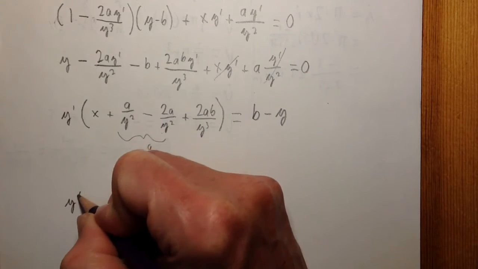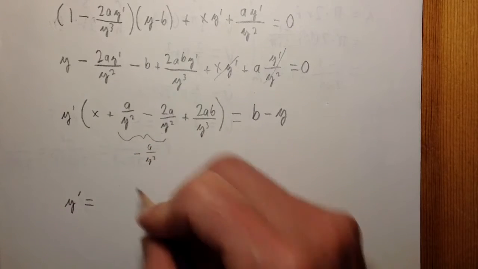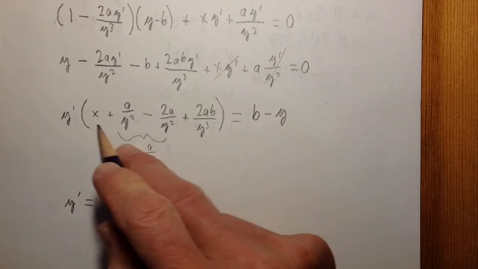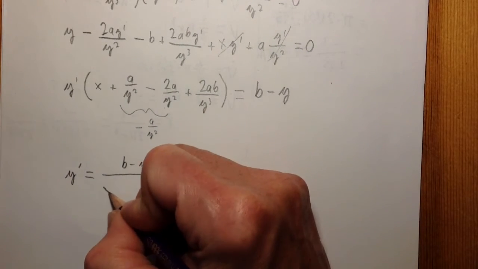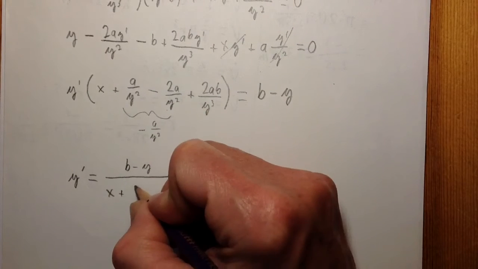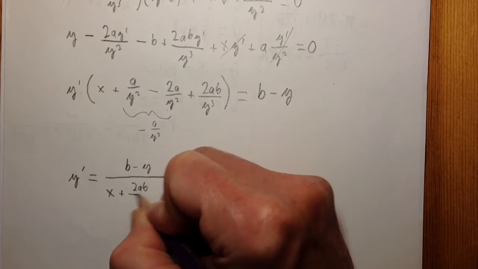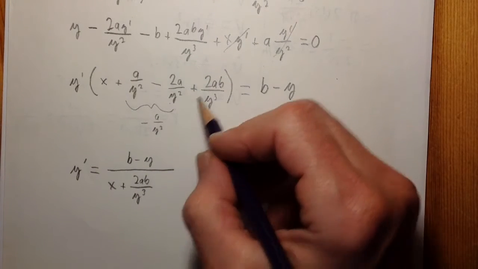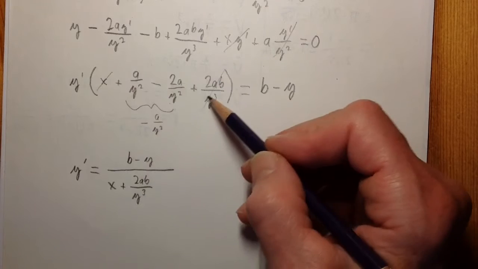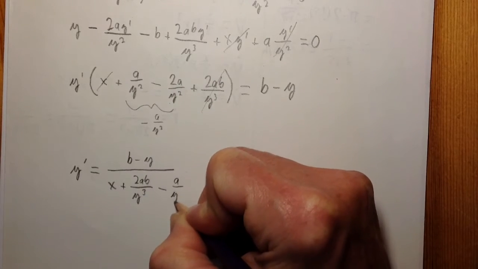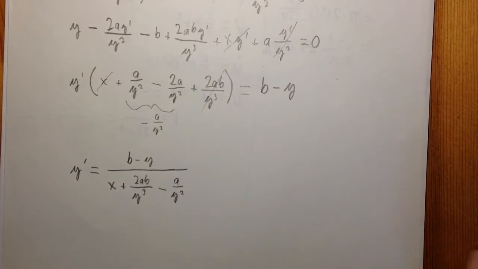So we get y prime equals b minus y on the top, divided by all these things. We have an x, put the positive ones first, plus 2ab over y cubed. So that's this one, and these two combine to minus a over y squared.